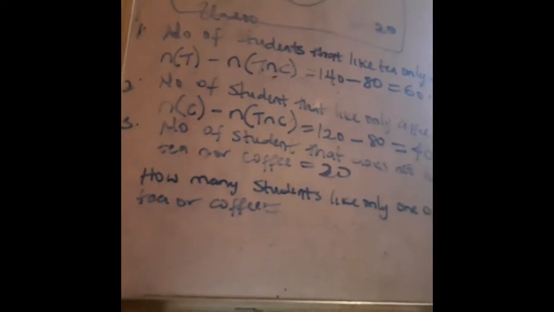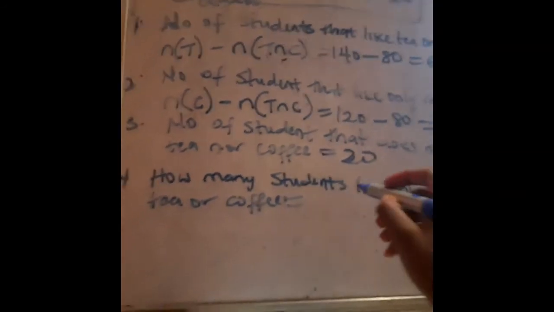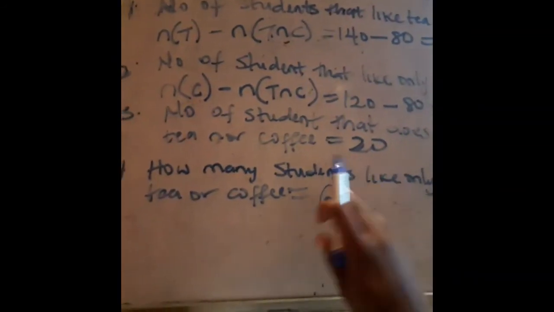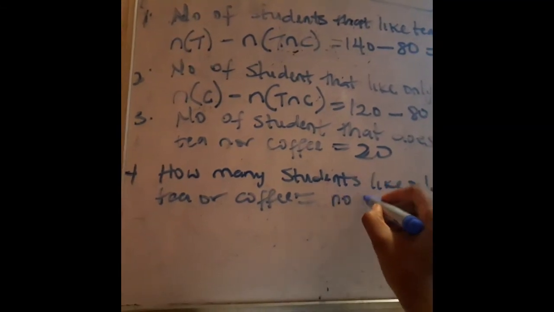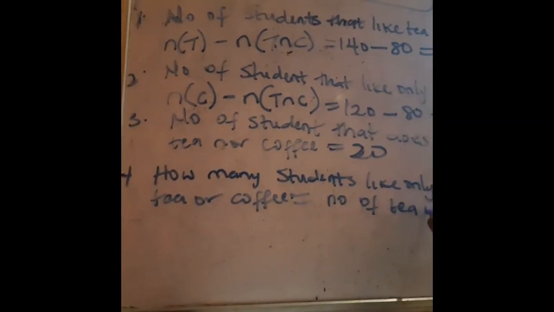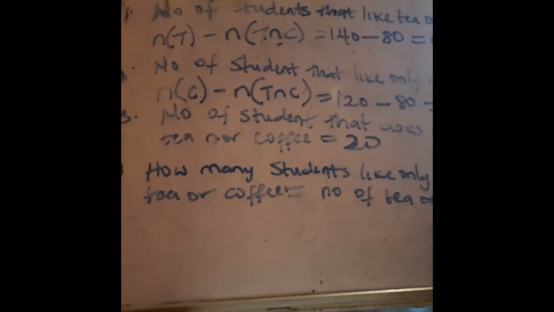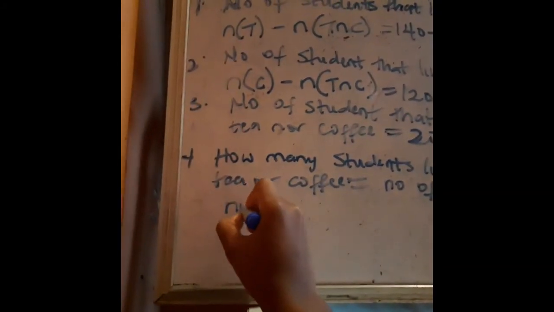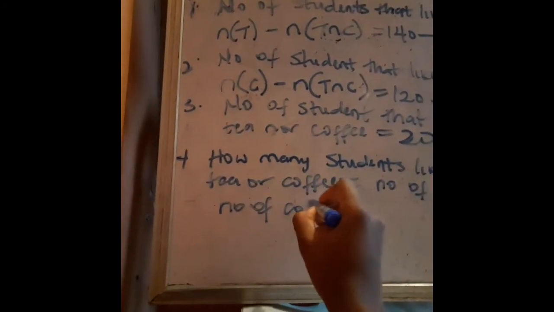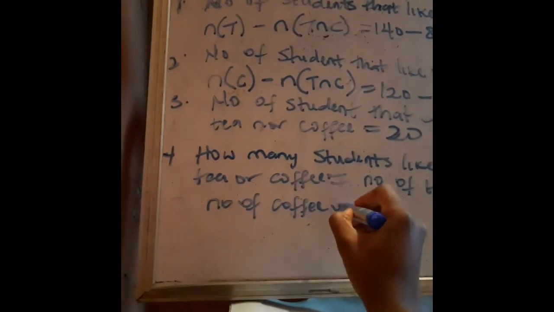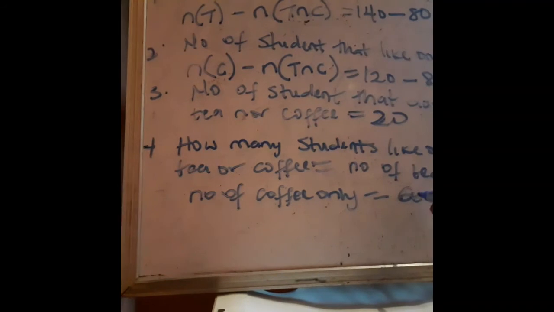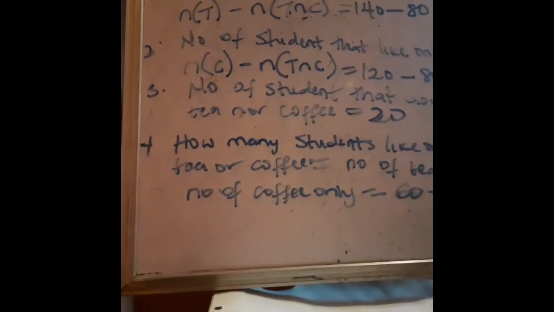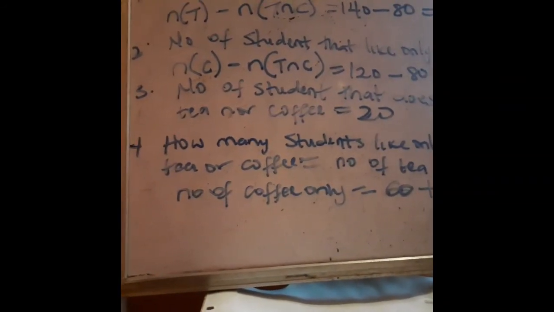So the answer to number 4: let me write it out. Number of tea only plus number of coffee only, which equals 60 plus 40, which equals 100.